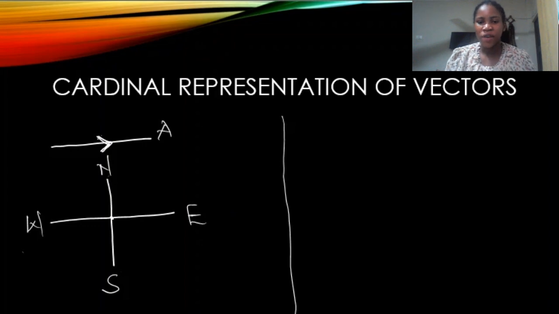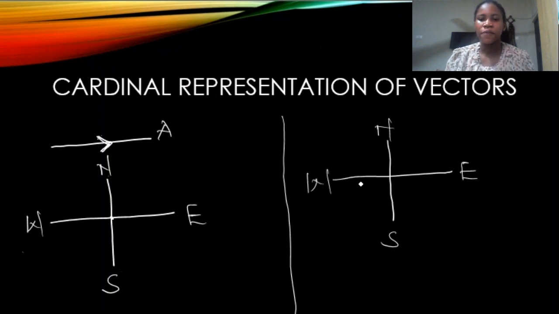So let's take our first scenario and look at how the vector with its direction will be represented. Assuming we have a vector with magnitude represented by the line, the direction going like this, at 45 degrees.